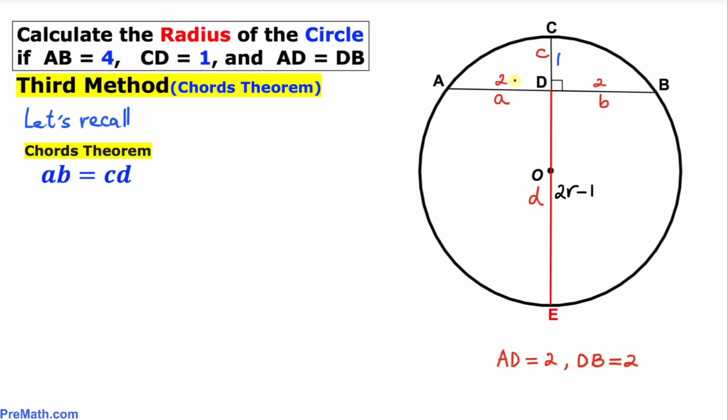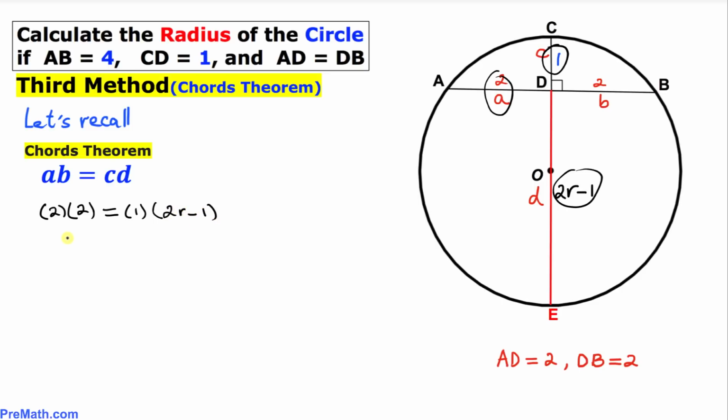A in our case is 2, so this is going to become 2 times B is 2 as well, equal to C in our case is 1 times D in our case is 2R minus 1.